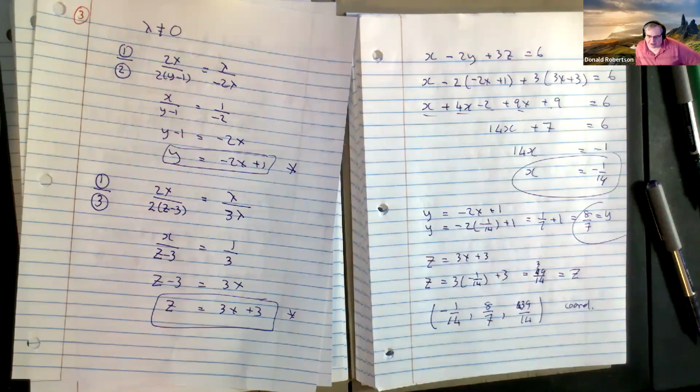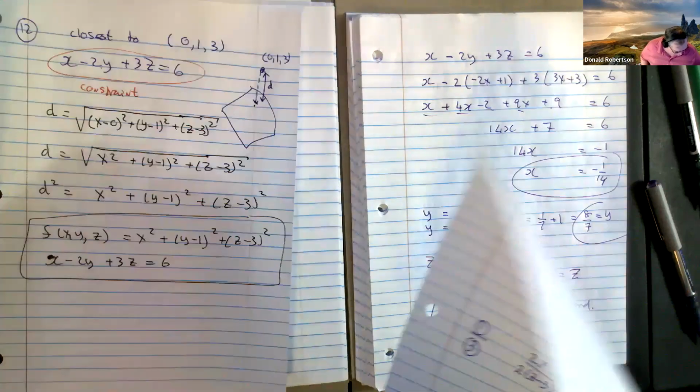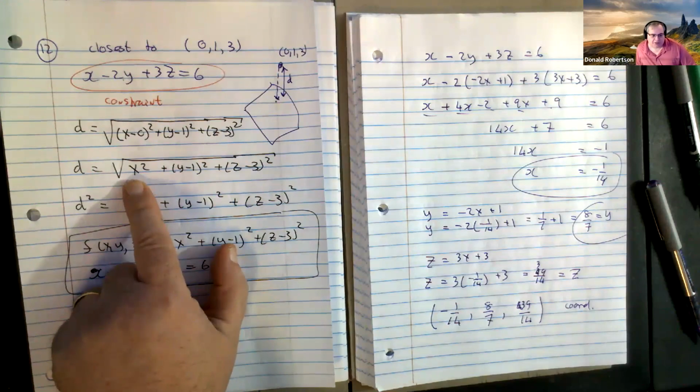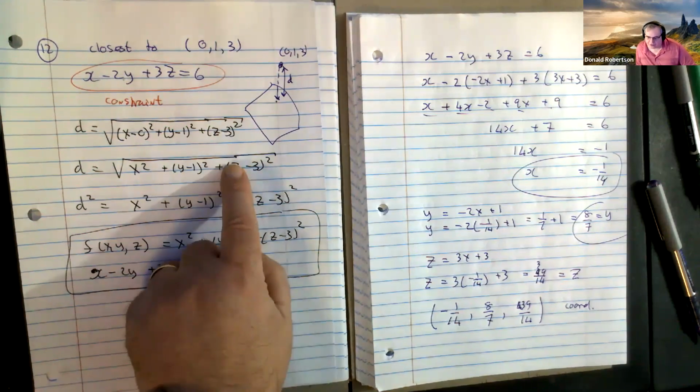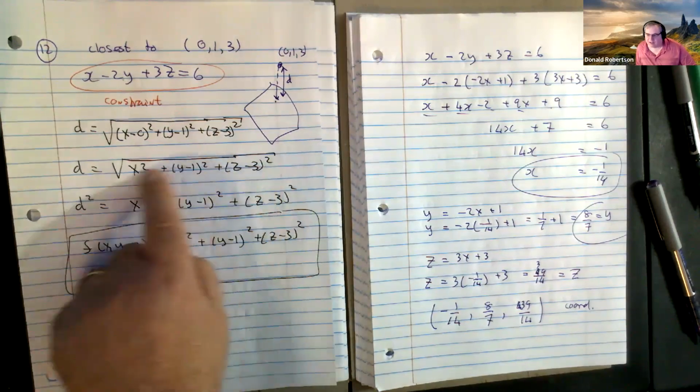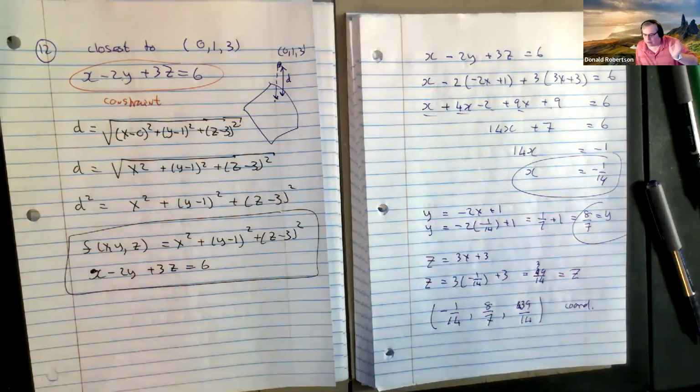If the question had been, what is the shortest distance? Then wouldn't I go back to here and replace the x with -14, the y with 8/7, and the z with 39/14, and calculate that and get the square root of 82/17, whatever it was.